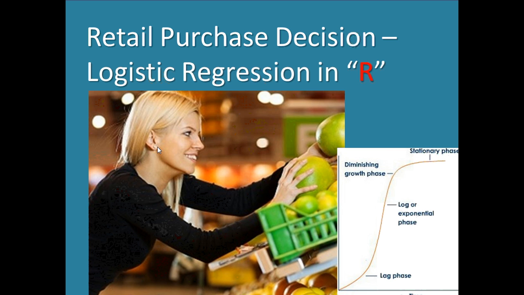So let's look at some very basic methods to analyze this and to understand why a certain product would sell or why it would not sell, and what features would impact the purchase decision at the consumer's end.